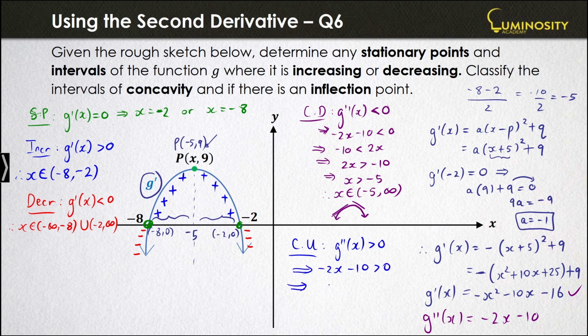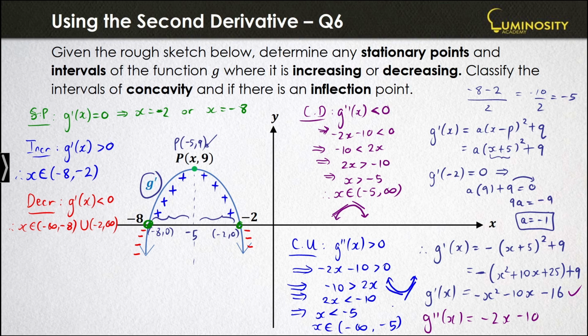Then I take 2x across, so I have -10 greater than 2x. The other way of reading that is 2x is less than -10. Dividing both sides by positive 2, I get x is less than -5. In interval notation, that's from negative infinity up to -5. There your graph will be concave up. It'll have that shape. It lies above its tangent lines.